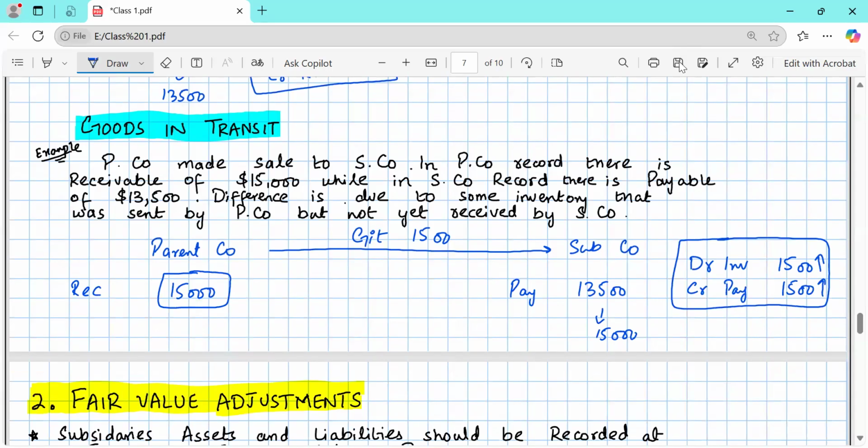Sometimes the examiner doesn't tell you what the subsidiary company's balance was in this question, so you don't need to get confused. 15,000 is the intercompany balance, because whatever the other company's record is, after the adjustment it will match the 15,000. So whoever is making the transfer, whether it is cash or goods, their record reflects what the intercompany balance is.